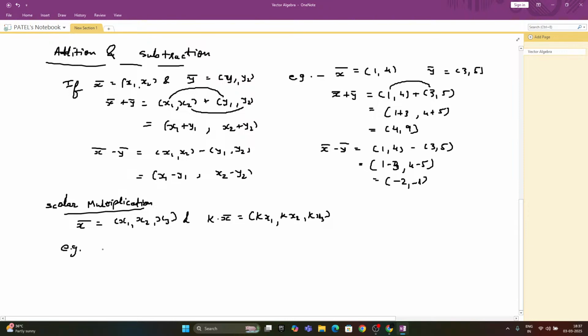For example, x bar equals 1, 3, minus 2. Find 2x bar. So 2 into 1, 3, minus 2. It is 2, 6, minus 4: multiply 2 with each and every term. 2 ones are 2, 2 threes are 6, 2 twos are minus 4.